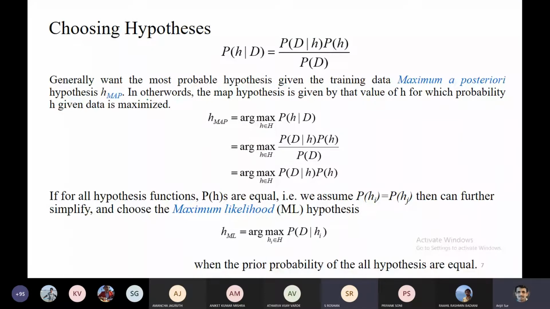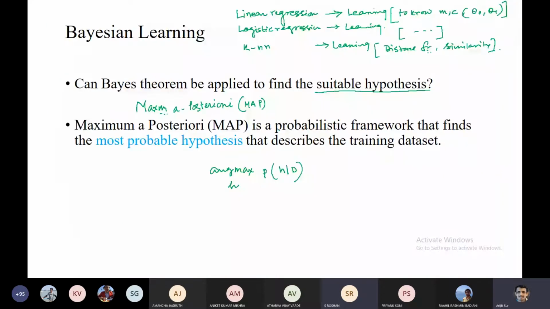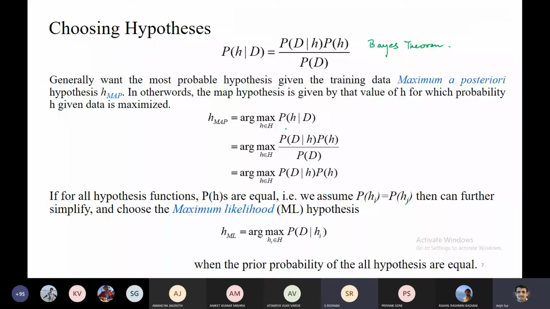Now you see that this is the Bayes rule, the Bayes theorem. Generally, we want the most probable hypothesis given the training data, that is the MAP hypothesis. This H MAP is basically the argmax where H belongs to the hypothesis class, so that P of H given D is maximized.